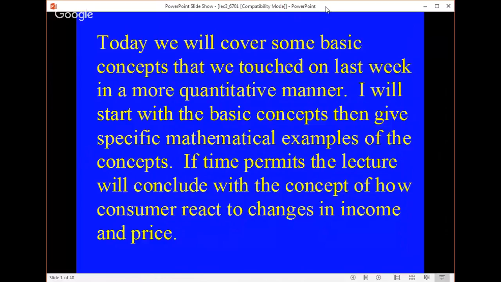Now we want to take what we call our first order conditions, which are the partial of my Lagrangian first with respect to X, then with respect to Y, and then with respect to lambda. Notice we have three unknowns: X, Y, and lambda. I'm assuming we know I, Px, and Py.